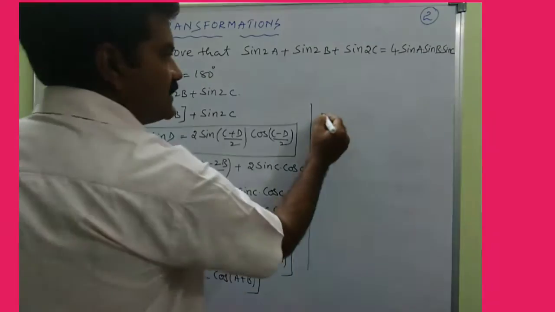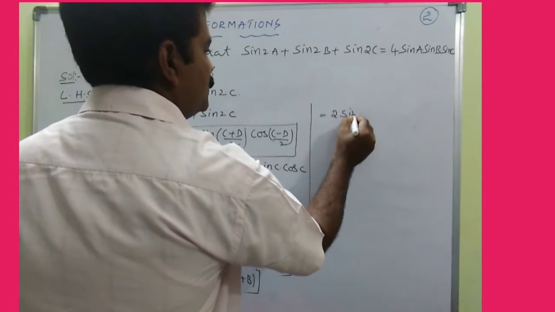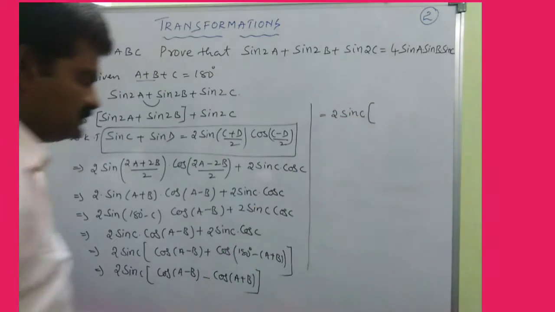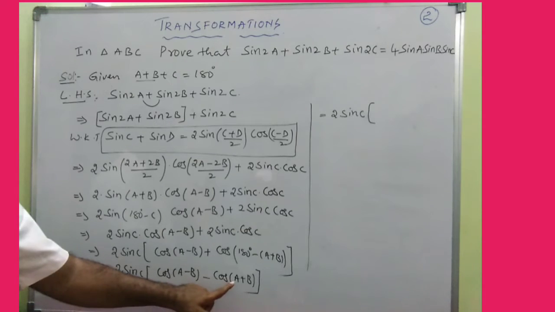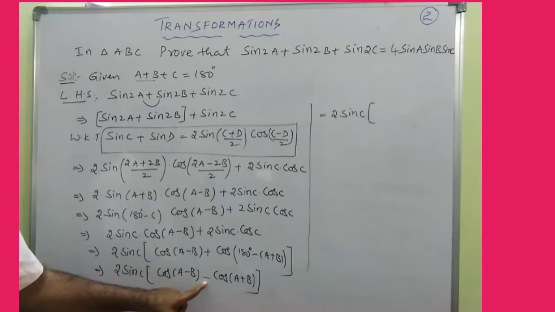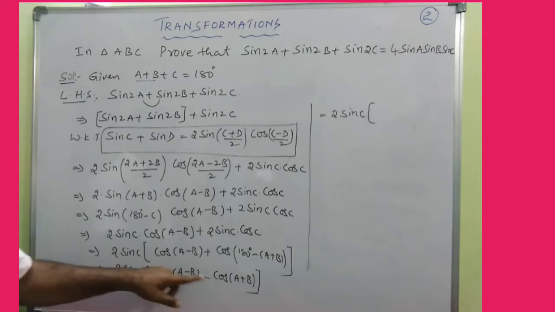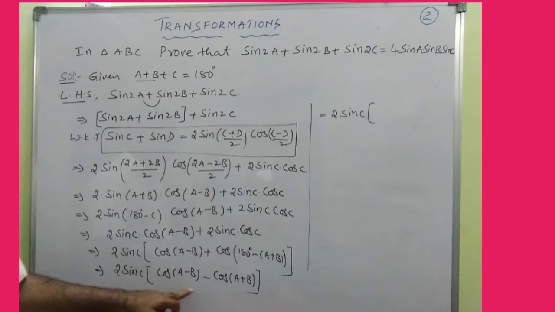So that is equal to 2 sin C into cos of A minus B minus cos of A plus B. Actually cos A cos B plus sin A sin B, and here cos A cos B, but before that there is a minus, so negative. The first terms, cos A into cos B minus cos A into cos B, get cancelled.